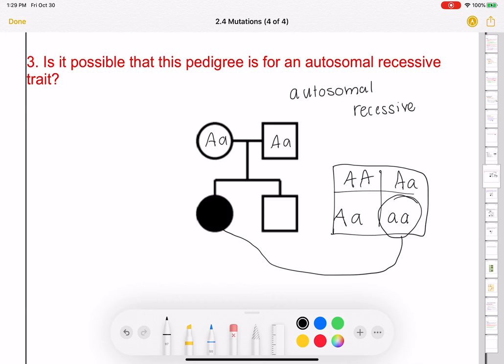So if this was autosomal recessive, then that might be what this is, and then this child was one of the other genotypes, making them not have the disease. So my best guess here, from looking at the pedigree chart, an educated guess, is that this is an autosomal recessive trait.